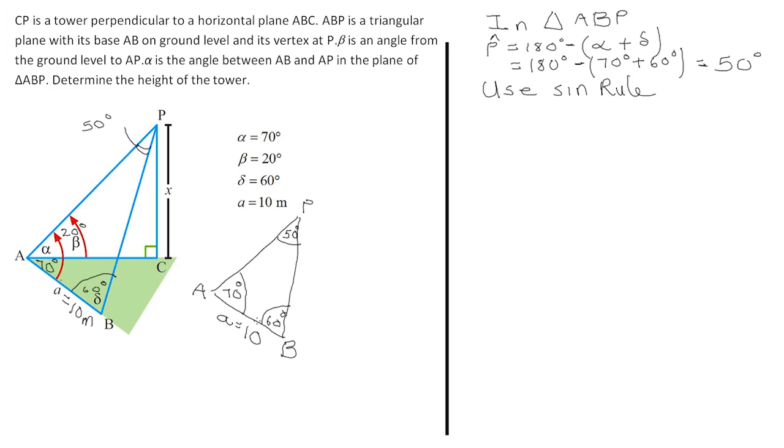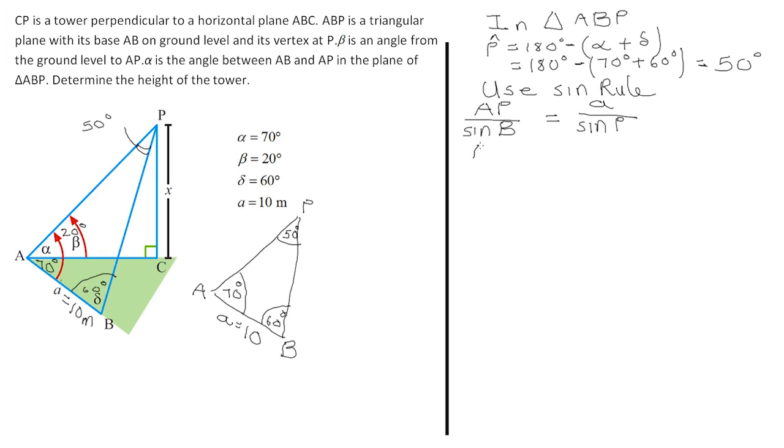We want AP, so we're going to say AP over, there's AP, the opposite side, sine of B, because I'm focusing now on my triangle here, is equal to then small a over sine of P.